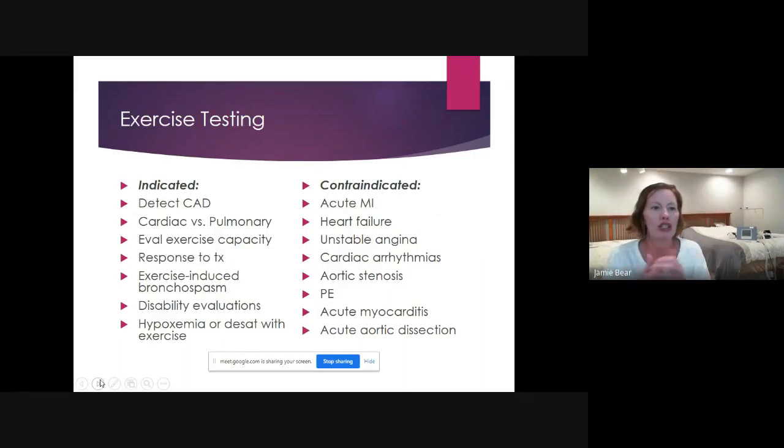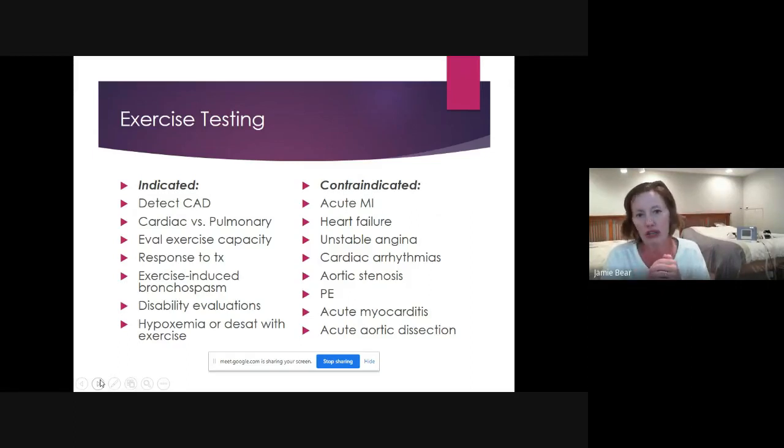Exercise testing is indicated to look at coronary artery disease, cardiac versus pulmonary disease, evaluate exercise capacity, look at response to treatment, look for exercise-induced bronchospasm, do disability evaluations for work, and look at hypoxemia or desaturating with exercise to see patients' exercise capacity.